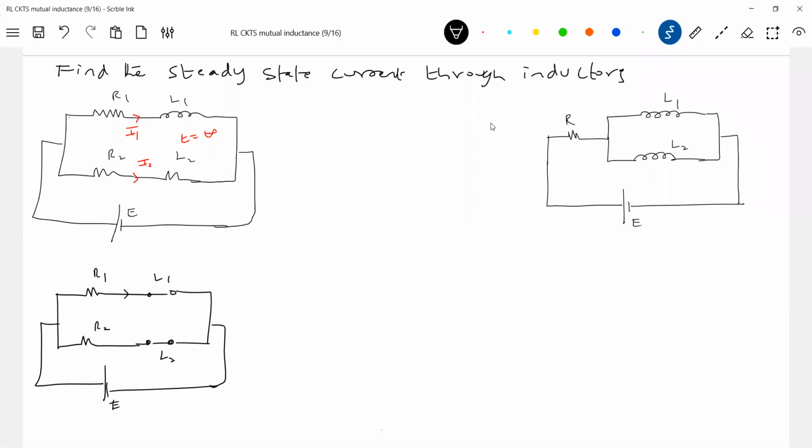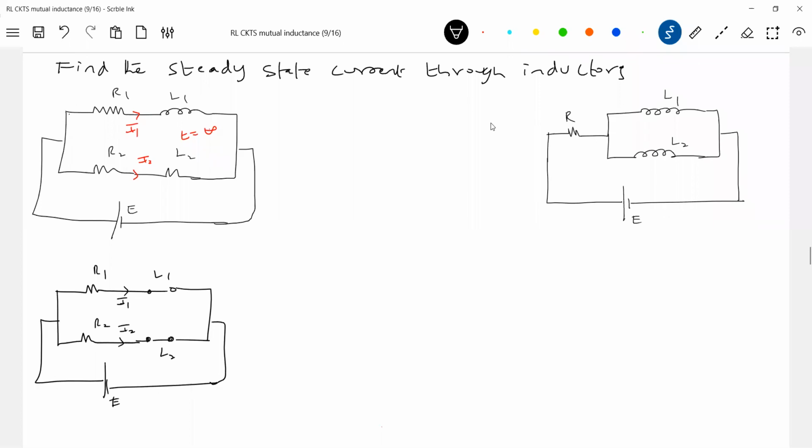So how much current will flow here? I1. Here the current flowing is I2. So what is I1 straight away from the diagram? I1 is E by R1. And what about I2? E by R2. These are the steady state currents at t equal to infinity.